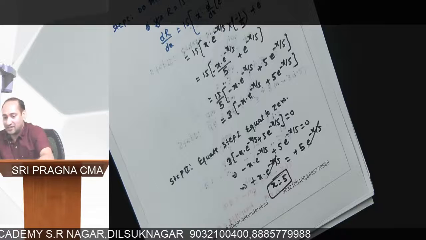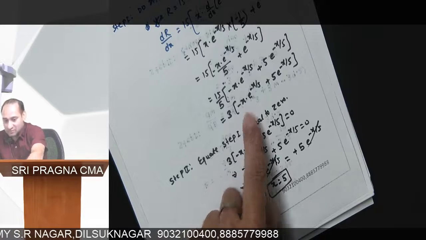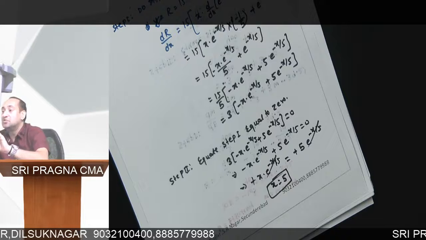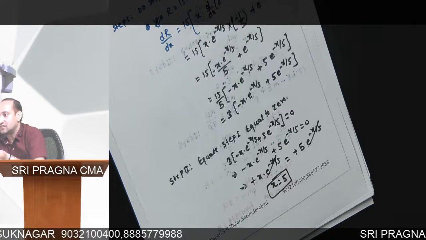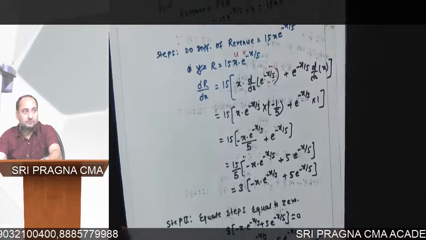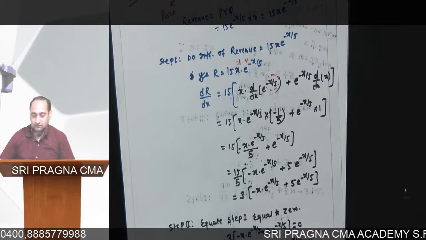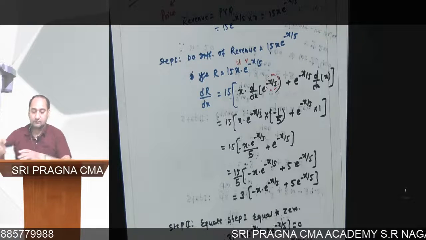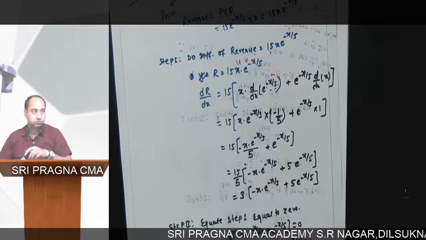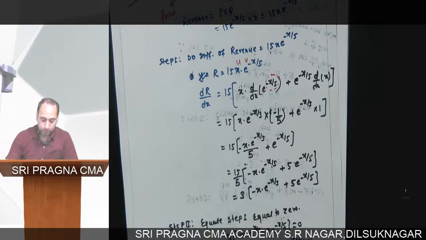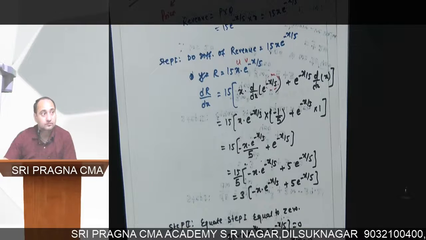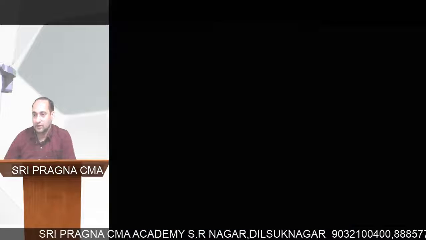Please do it, then we will go to step number 3 again, because step number 3 is going to become a little complicated since we have to solve this one. So please write it up, then I will go on with step number 3, because step number 3 is required because I need to check whether it is a maximum or not. That's the reason. Okay, please write this first.